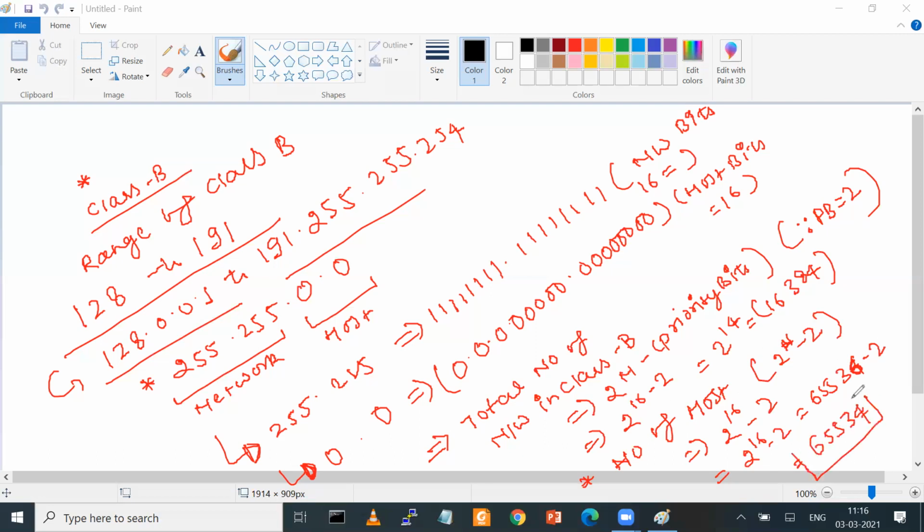So this number of users we can connect in class B. All right. So the number of users connected in class B and class A you will see in the same way, similarly, meaning the number of users is the number of hosts.